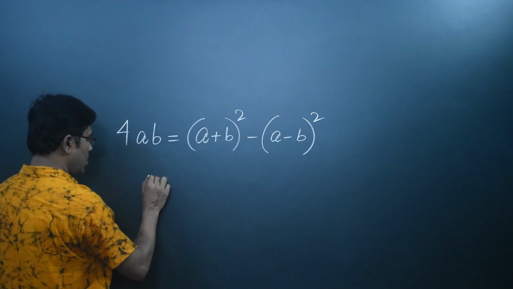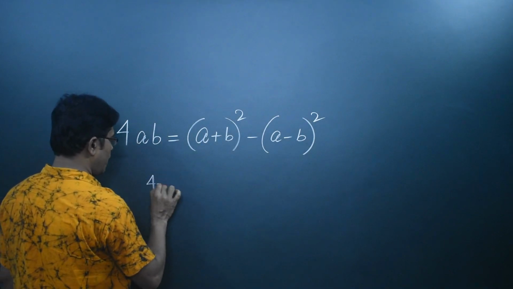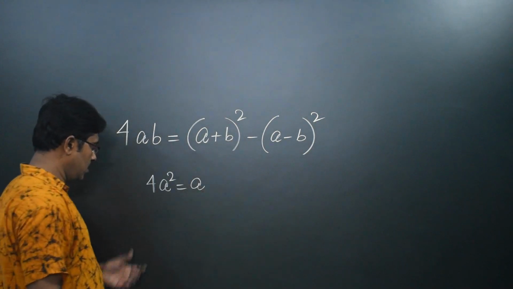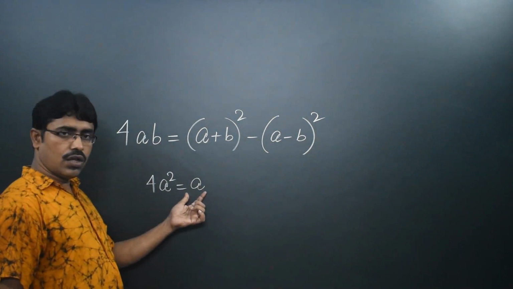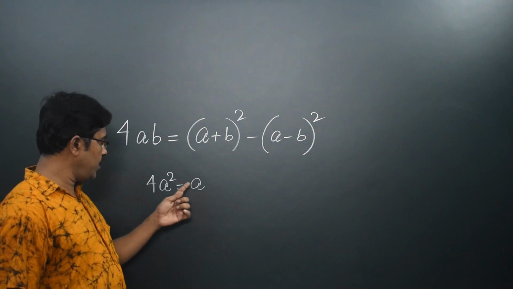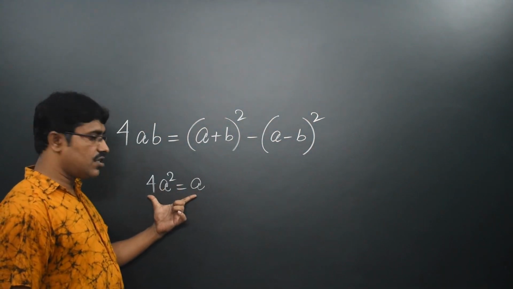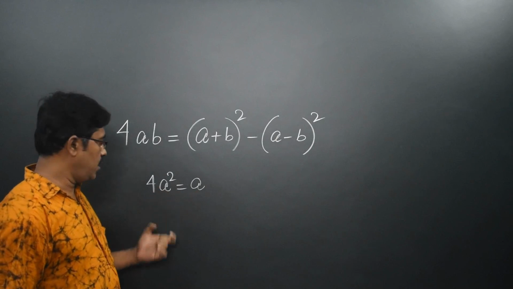Now look, if we write 4a square is equal to a, these two are also algebraic expressions with an equal sign in between them, but it is not true for all values of a.